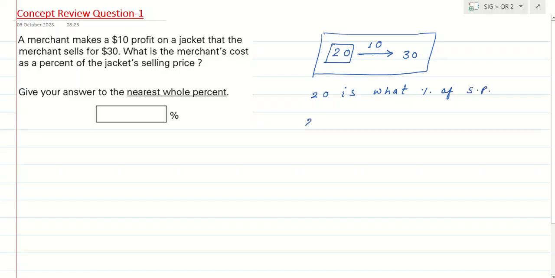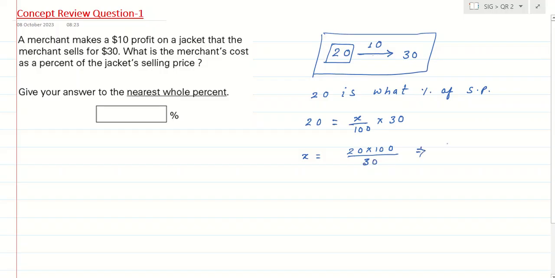Correct. 20 equals x percent of what? Final value, that is 30. Find the value of x. That is a percentage. Can I say x equals 20 times 100 divided by 30?